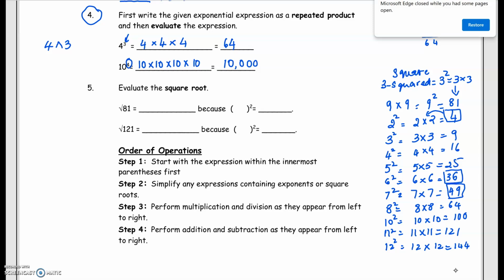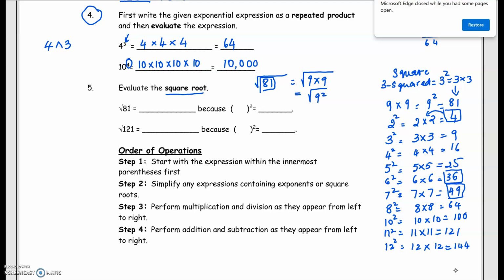Now, what is the square root of a number? And this is called the radical sign. Square root of 81 is, and if you recognize that 81 is a perfect square, we can write it as 9 times 9, which is 9 squared.